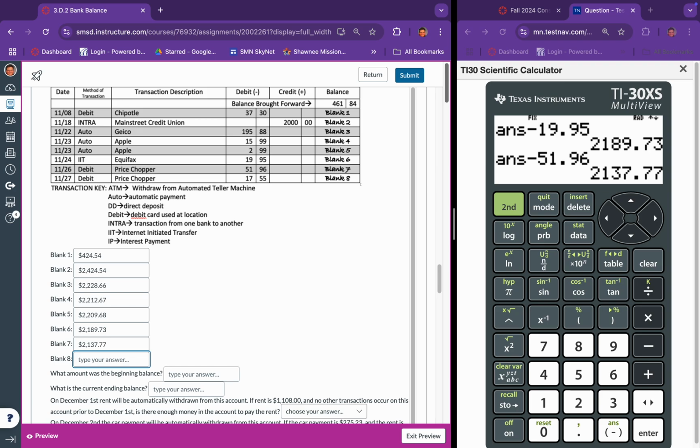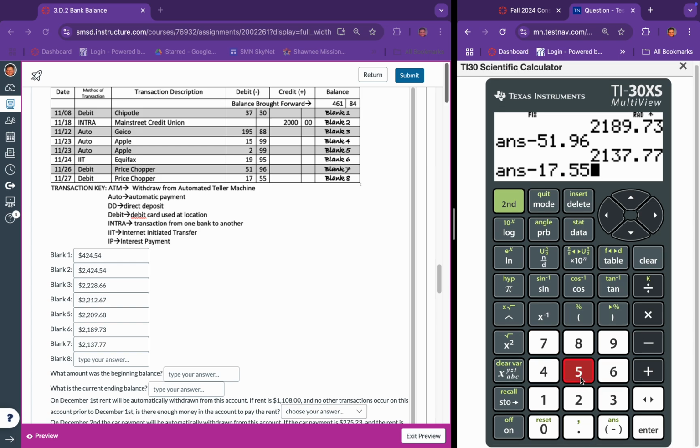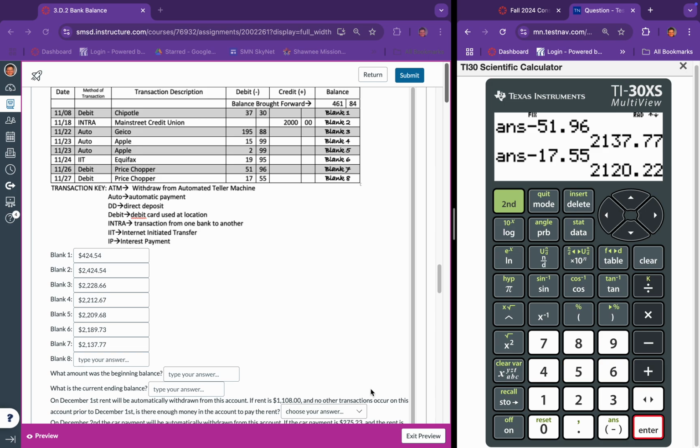And then the next day you went to Price Chopper also. And again, you used your debit card. And this time you spent $17.55. So minus $17.55. And so now you have a total of $2,120.22 remaining in your bank account.